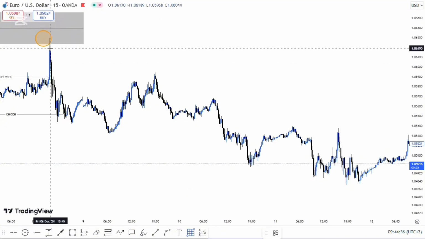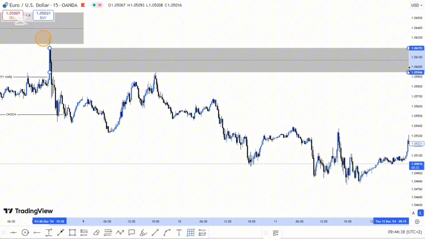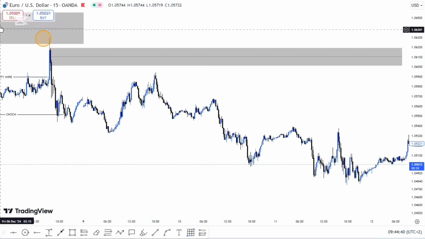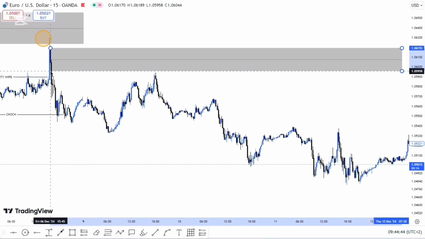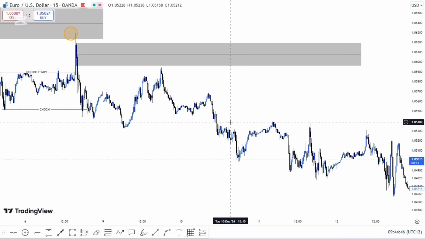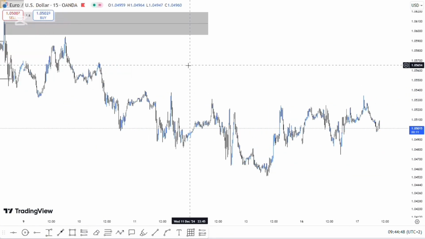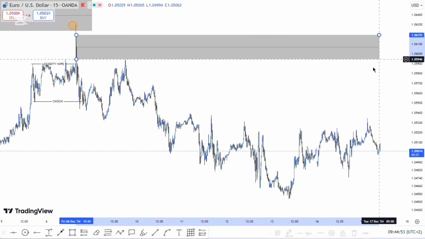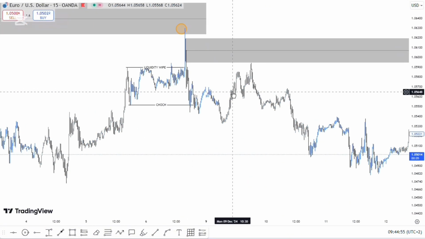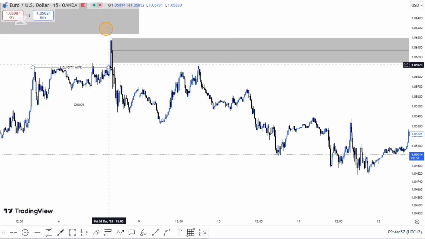On the 15-minute, the origin which caused this change of character is this point right here. When marking an origin, you just mark the last candlestick before the impulsive move, and an order block must have an imbalance.